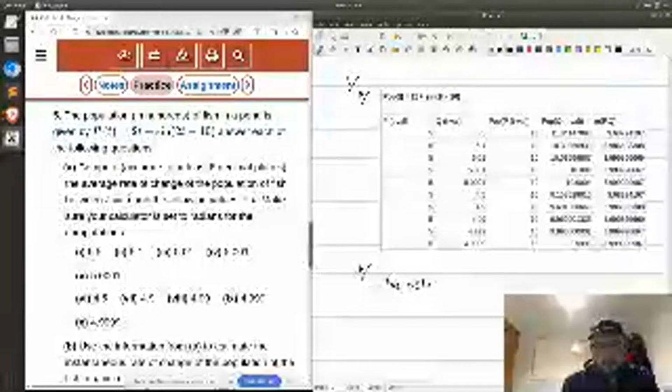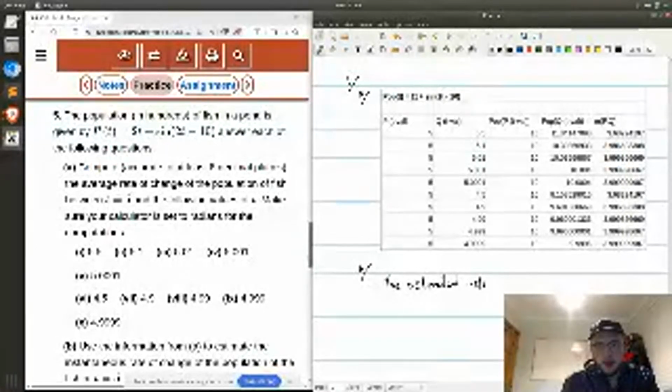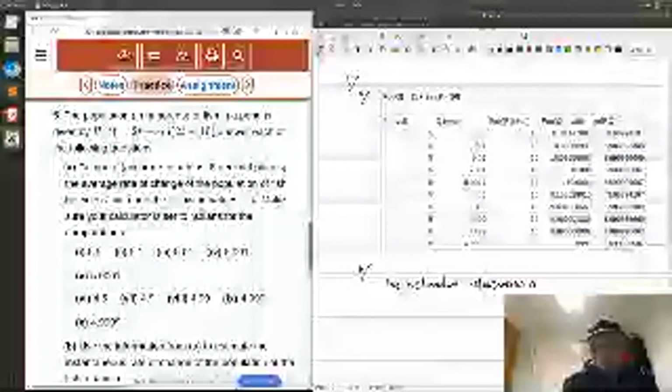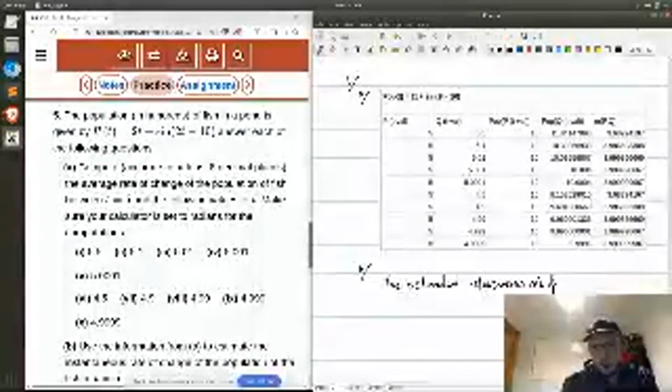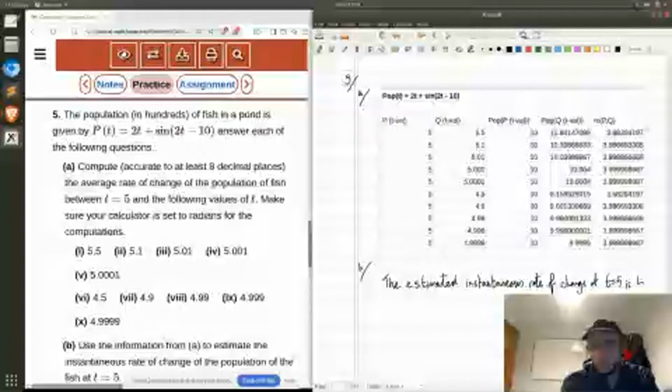The estimated instantaneous rate of change, t equals 5.